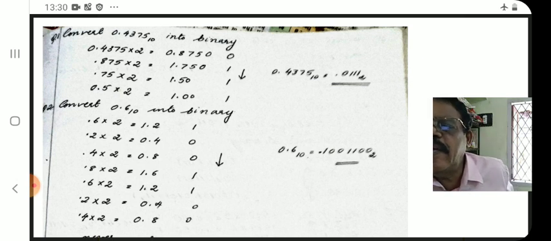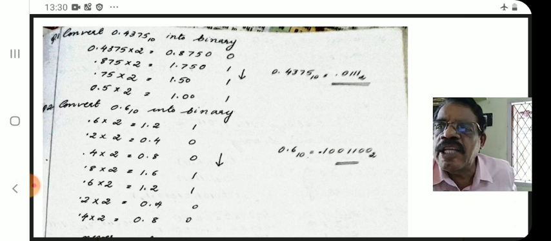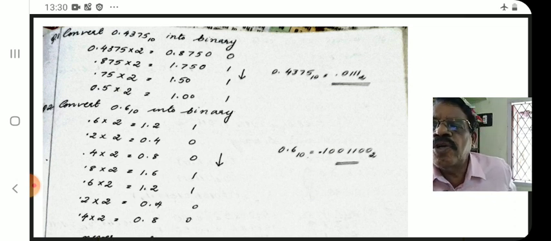Here the example is 0.4375. Multiply by 2, we get 0.8750, the integral part is 0. Now multiply 0.875 by 2, we get 1.750, the integral part is 1. Then multiply 0.75 by 2, we get 1.50, the integral part is 1.